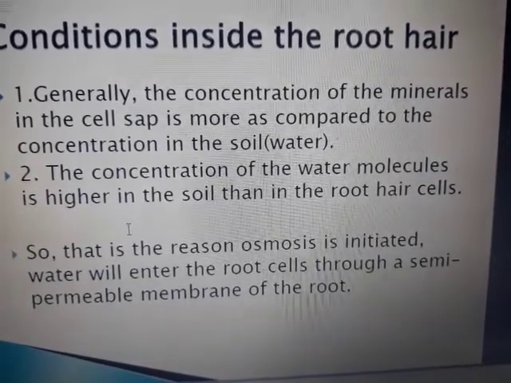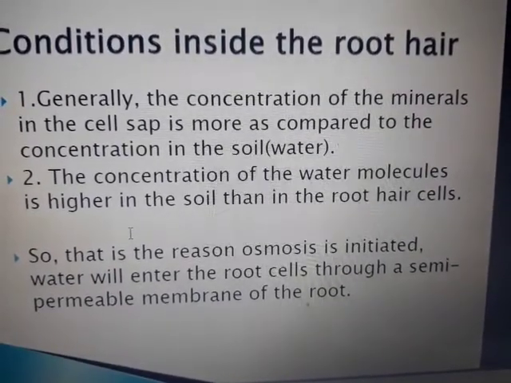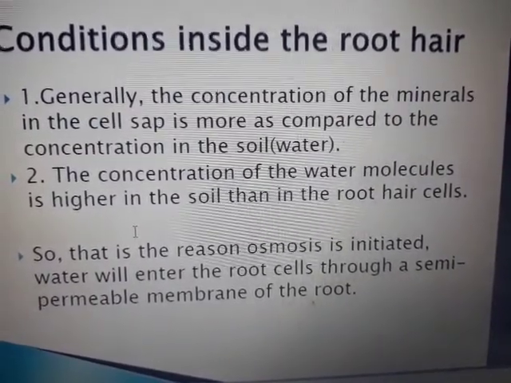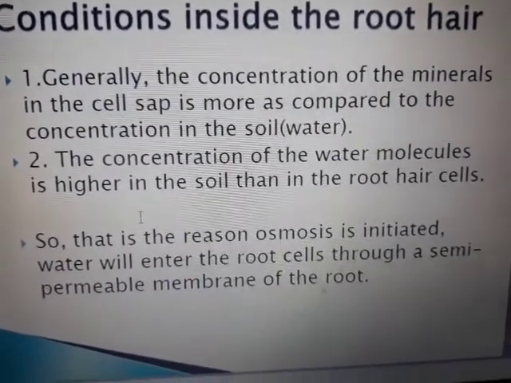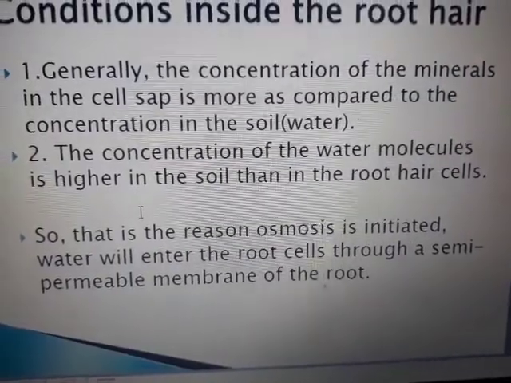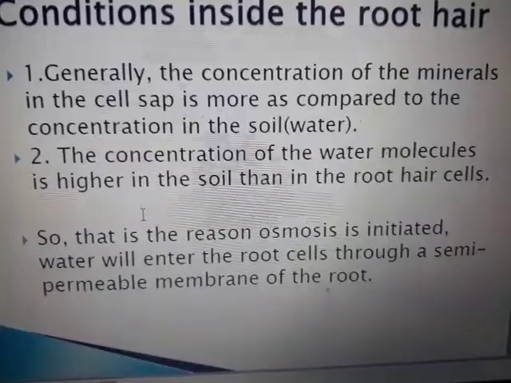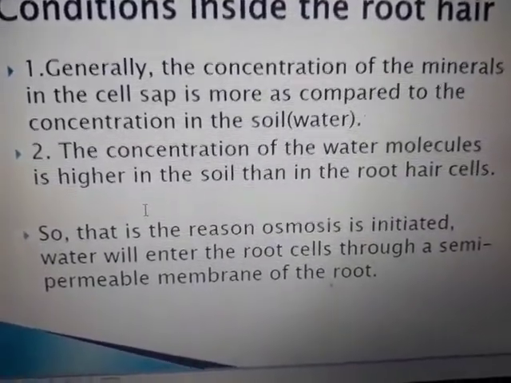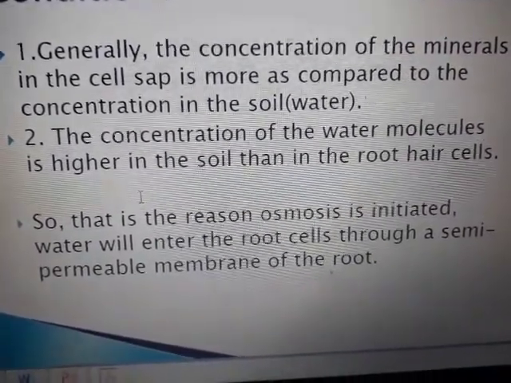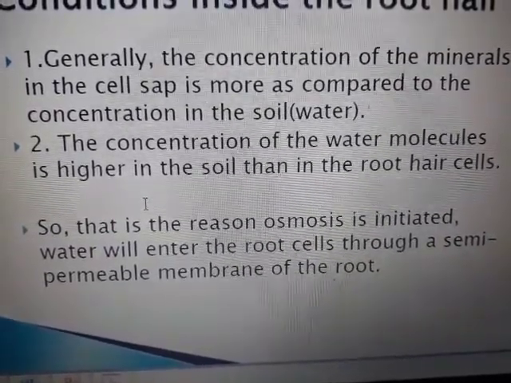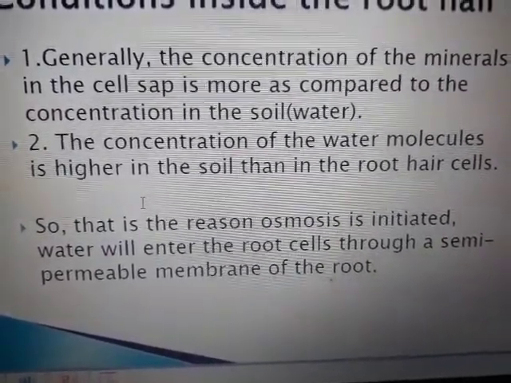Do not get confused. We are going to exclude the first condition. We are going to focus on when the concentration of water molecules is higher in the soil. This is what we are going to pick for now for osmosis. So in the third point I have mentioned that this is the reason osmosis is initiated. Water will enter the root cells through the semi-permeable membrane of the root.